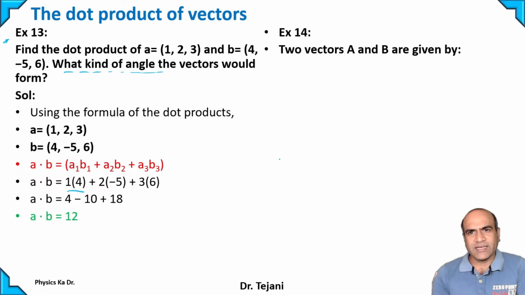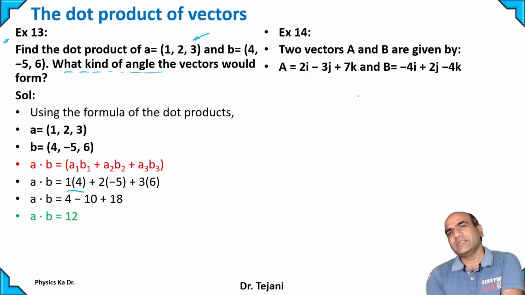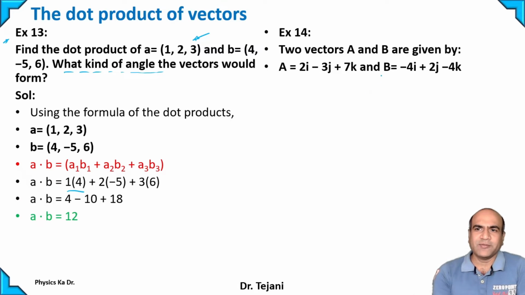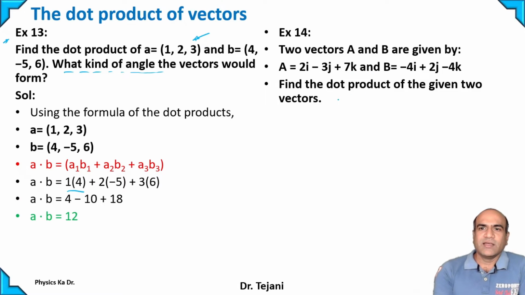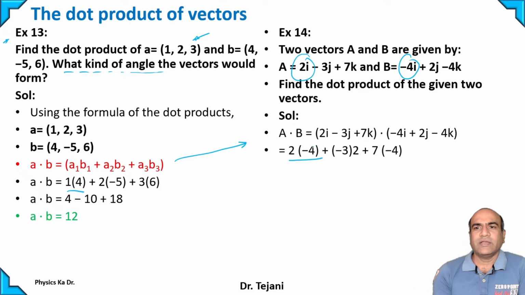Example number 14, two vectors a and b are given. You can write vectors in the form of this bracket, or you can write 2i minus 3j plus 7k, like that. Find the dot product. We know the method is like that. Here the similar equation is to be followed. 2 multiplied by minus 4, right?